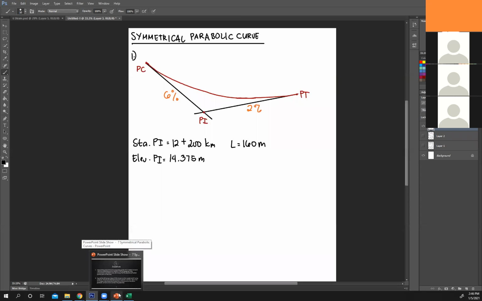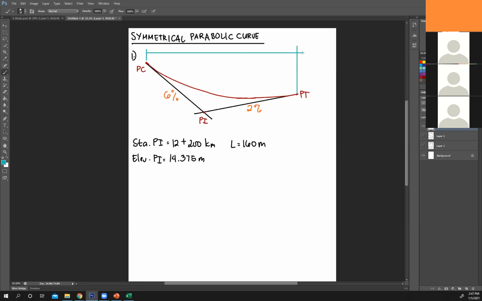So quarter point meaning, let's cut this into fours. So quarter point.